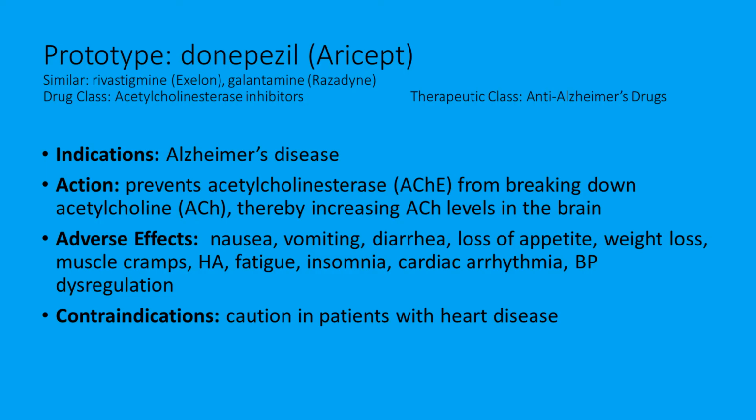Okay, so let's look at some of these medications that are all very, very similar in how they work and all have very, very similar adverse effects. And I'll explain why. So whether we're talking about donepezil, which is Aricept, rivastigmine, Exelon, and galantamine, Razadyne.